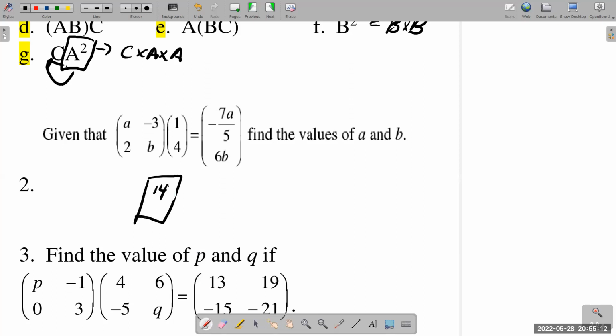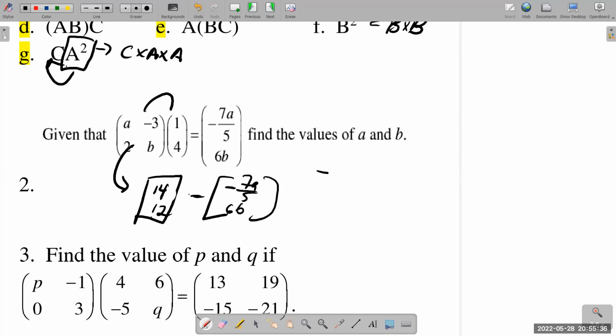And then I get here, let's say 12. So when you multiply this, let's say this is the answer you get. Everybody with me? Or let's make it even better. Let's say 12 something. You match it up, minus 7a over 5, 6b.